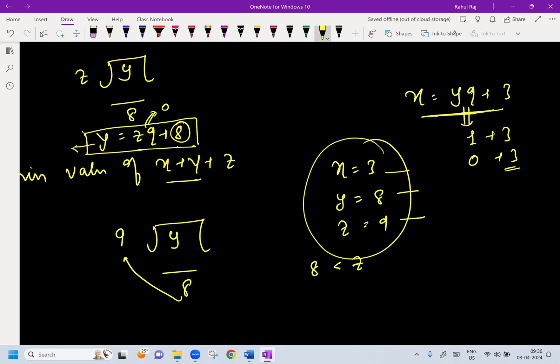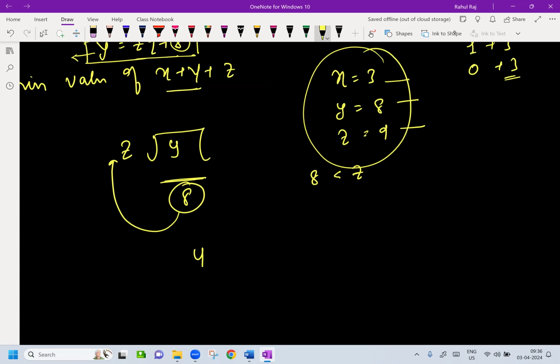But if you're saying Y can be smaller than Z, is that what you're saying here? Yes, in this question, it says when Y is divided by Z, the remainder is 8. And I know that remainder is always less than Z. Because if you divide a number by 4, what are the possible remainders? 3, 2, 1 or 0.